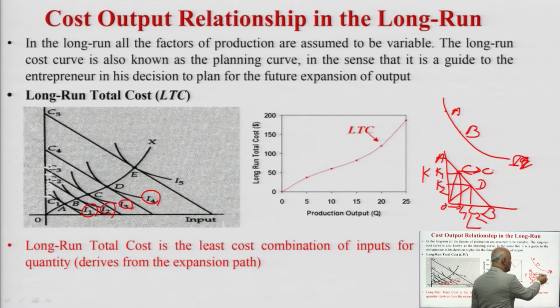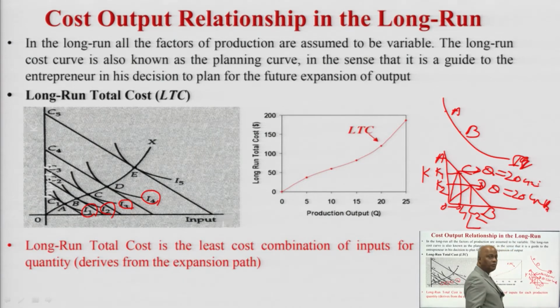If Q is equal to 20 units, here also you will find that Q is equal to 20 units. So, the output remains the same.